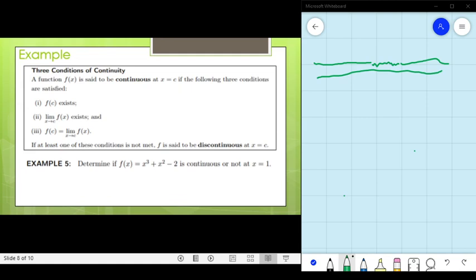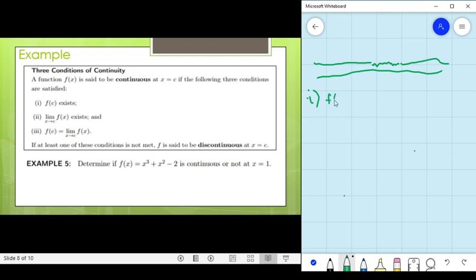Example. Determine if f of x equals x cubed plus x squared minus 2 is continuous or not at x equals 1. Okay, let us test using the first condition.